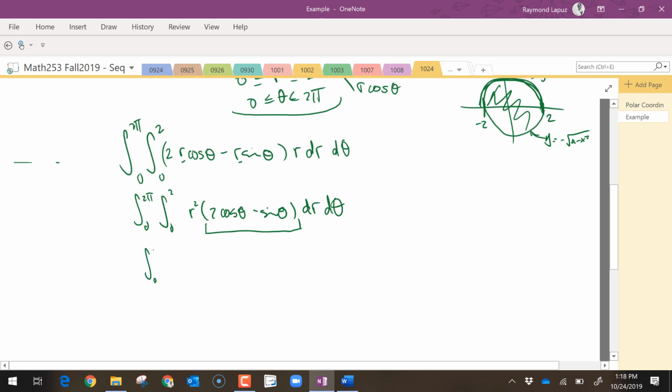So I have 0 to 2 pi. The thing that I took out, 2 cosine theta minus sine theta. And then I took that out of this integral, 0 to 2 r squared dr. And then it's still an iterated integral, d theta.